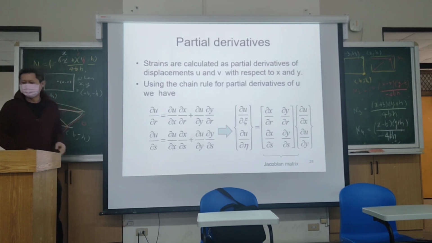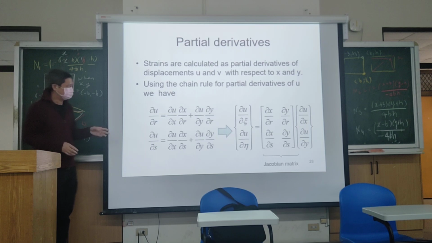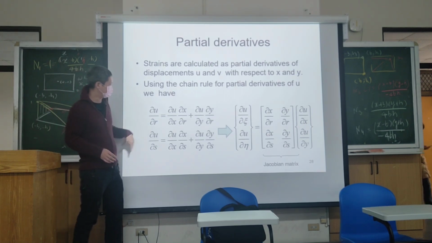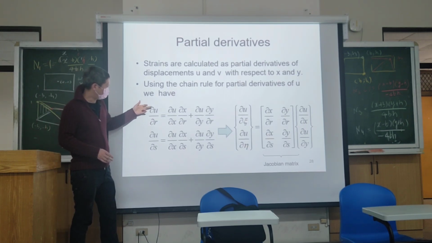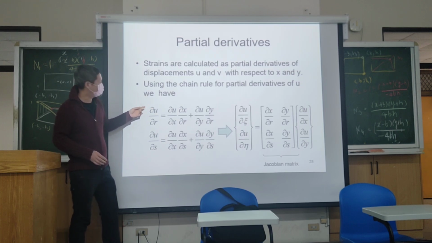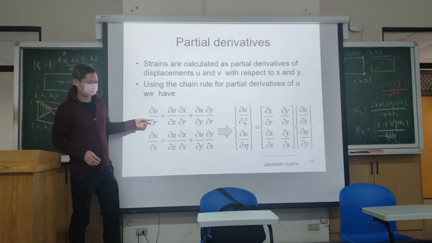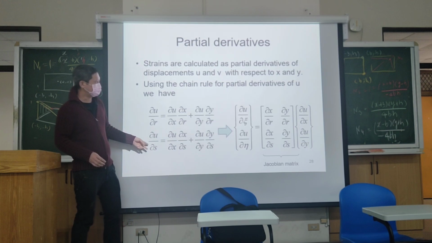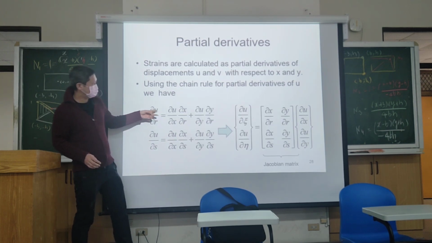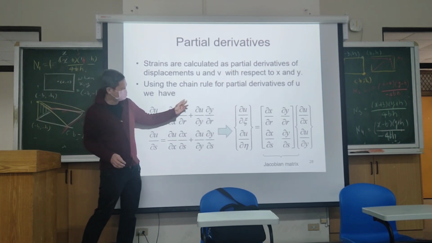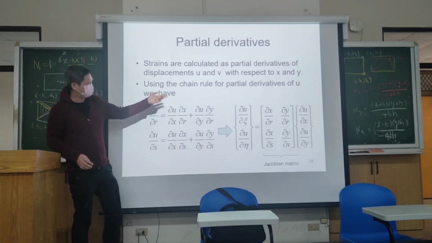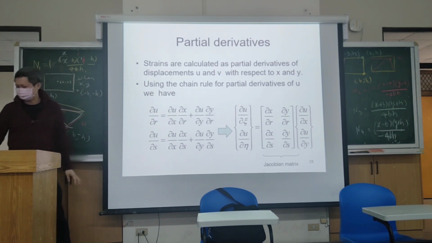And now I can do the partial differentiation. Rather than finding del u del x, now I'm finding del u del r, del u del s. Then you can do the inversion to finally find the del u del x.